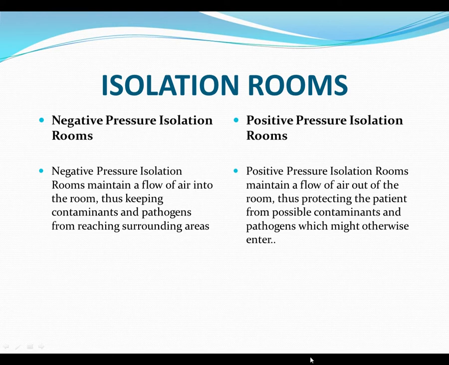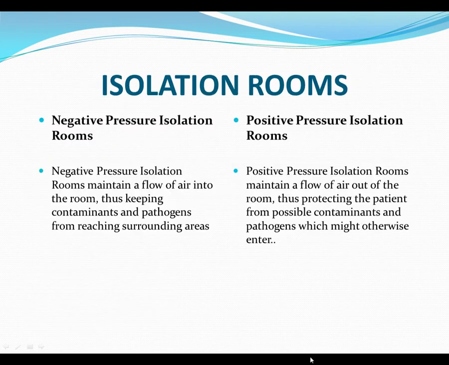The most common application in the health industry today is for patients with TB. They should be in these negative pressure isolation rooms. Being infected with TB is very high risk, and these rooms are essential to protect healthcare workers and other patients. So anybody that has TB should be isolated in a special negative pressure isolation room.